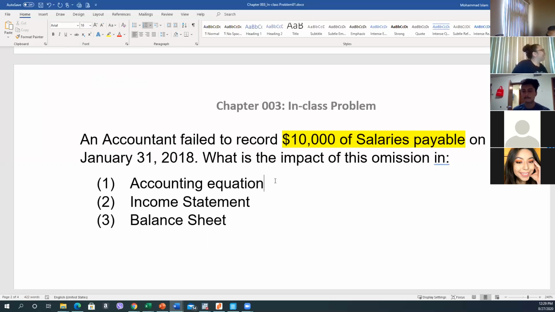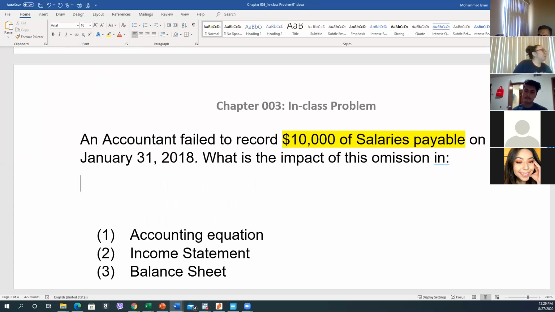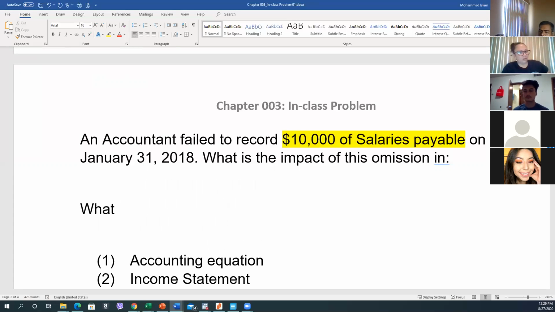To solve this kind of problem, first, what should have been done?